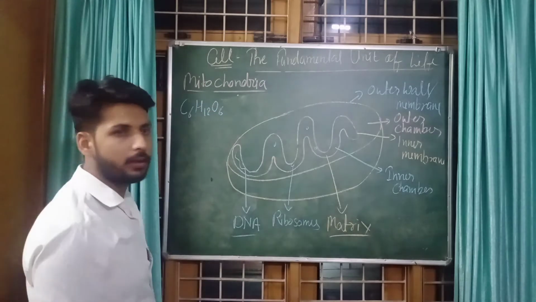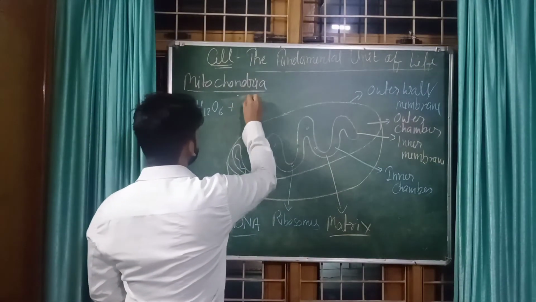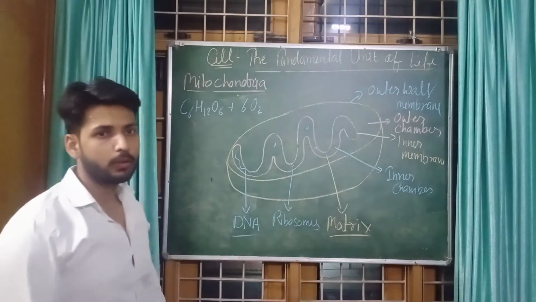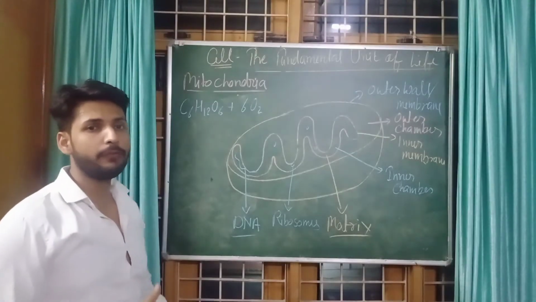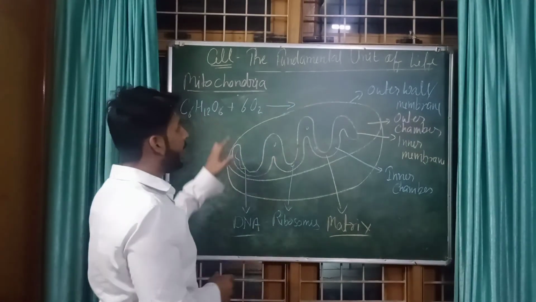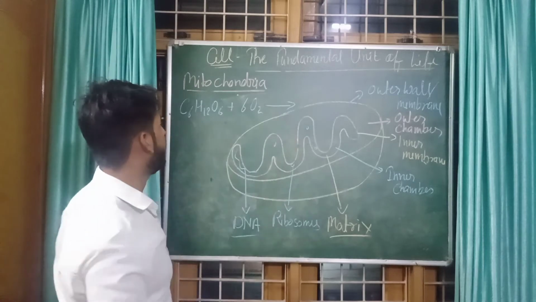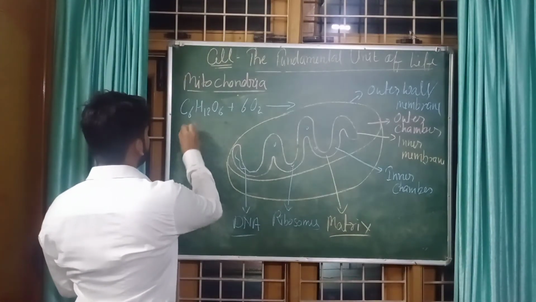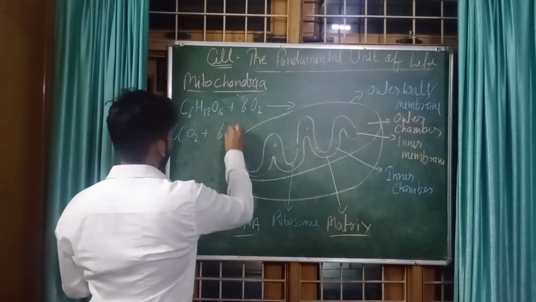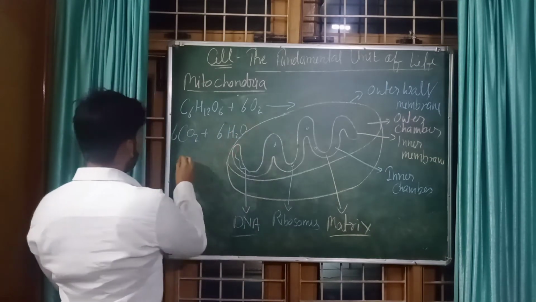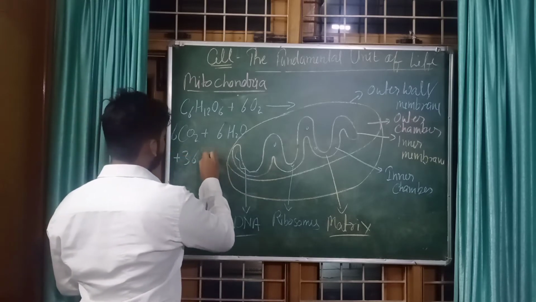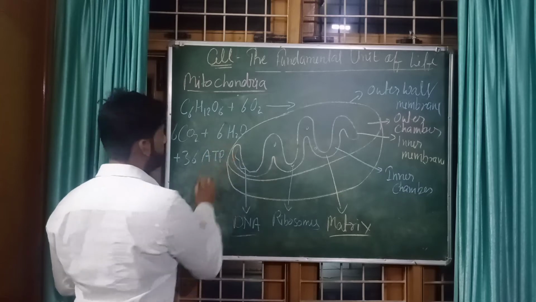C6H12O6. Glucose with 6 moles of oxygen is utilized by mitochondria and is converted into 6 moles of carbon dioxide plus 6 moles of water and 36 molecules of ATP.